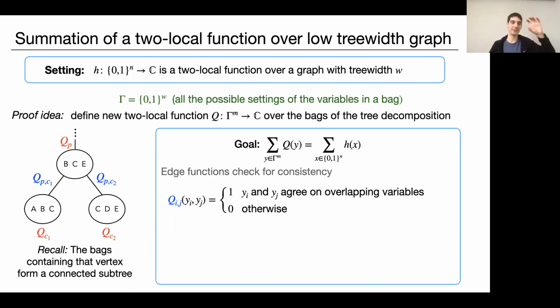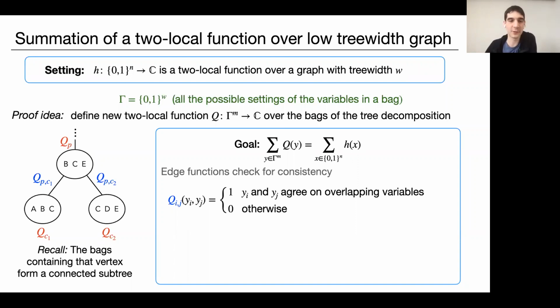Because the variables appear in multiple bags, but recall that the bags containing a vertex form a connected subtree. So if we only do these local checks, because all of the bags containing C form a connected subtree, these local checks are enough to enforce global consistency.